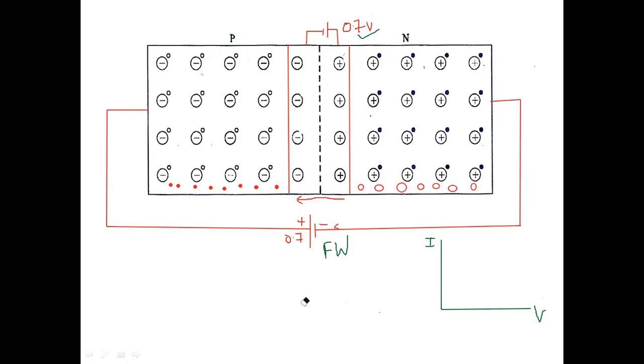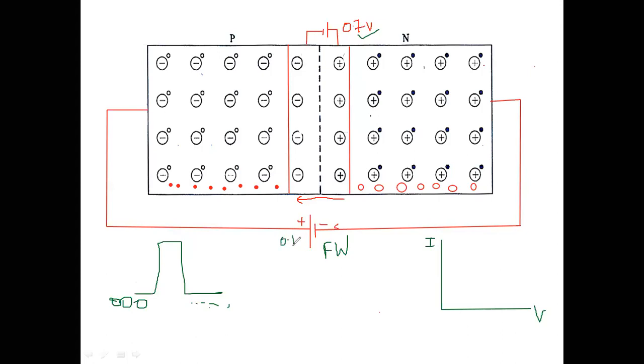Here, keep in mind one thing. Again you have to assume like this. This is the threshold, 0.7 volts. One side there are holes, one side there are electrons. So if I give 0.1 volt here, there is no current.